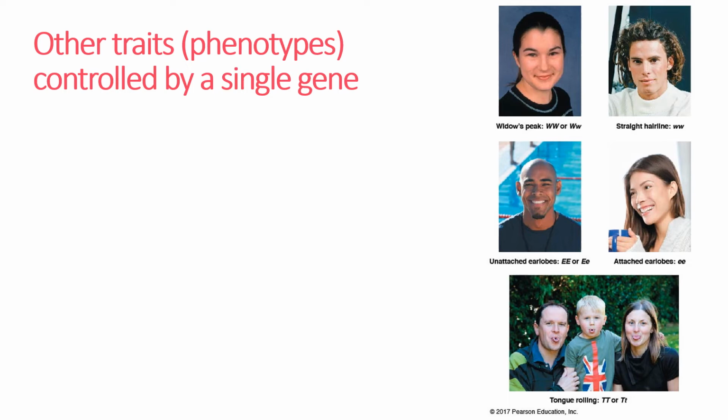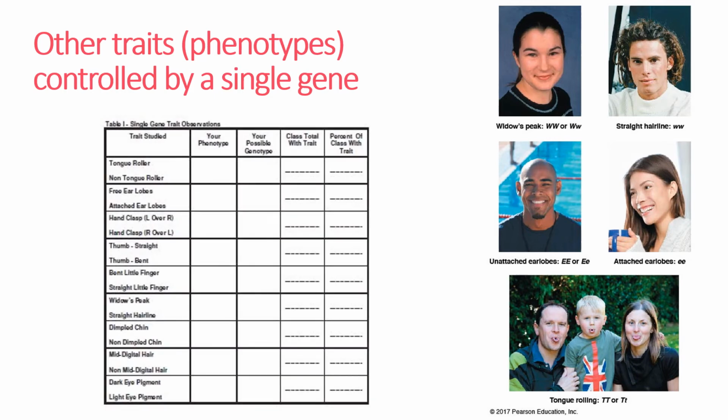Other traits besides freckles are encoded by a single gene. Those are shown here. A few of the traits are shown in the images. For example, widow's peak is where your hair sort of forms a Dracula-like peak on your forehead. Unattached versus attached earlobes, or the ability to roll your tongue.